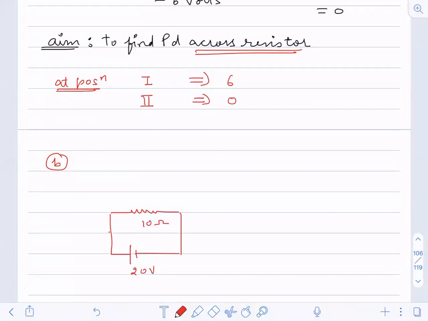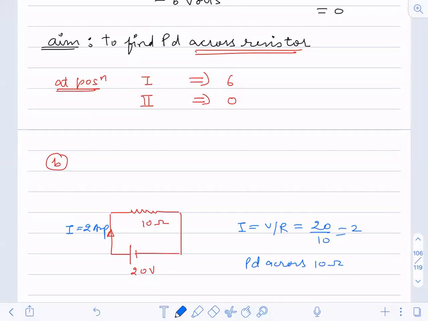What is the current now? I equals V by R. So 20 by 10 gives me 2 ampere. Now what should be the potential difference across the 10 ohm?